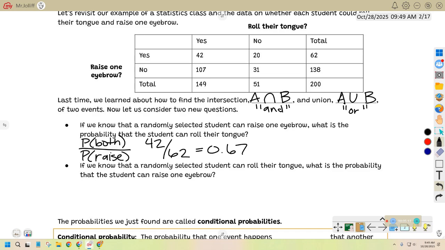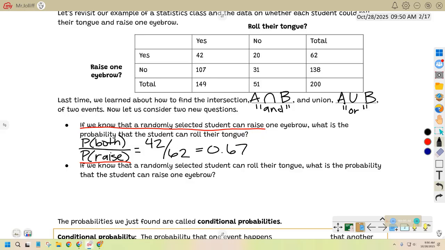I'm just going to write it P raise because I don't want to fit eyebrow in there. So it looks like you guys decided the denominator of that fraction by the if we know part. And I agree. We know they have to be in that raise one eyebrow row. Good. Following that pattern, what would the next one be?